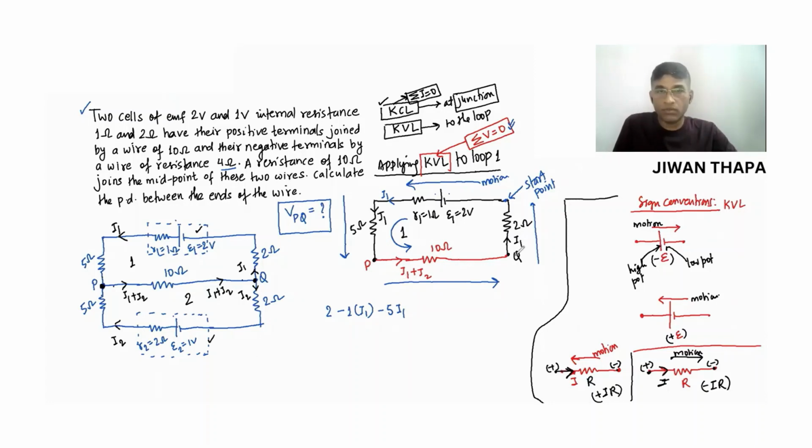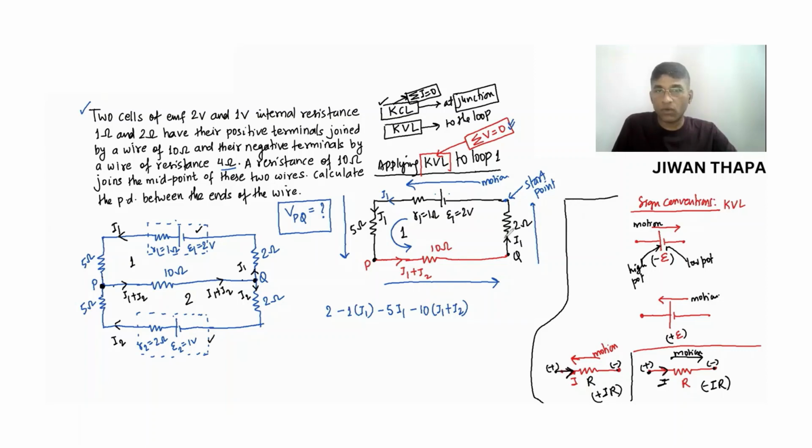And for PQ, we are moving along the direction of current I1 plus I2, and we are finding the product 10 times I1 plus I2, so this is taken as negative.